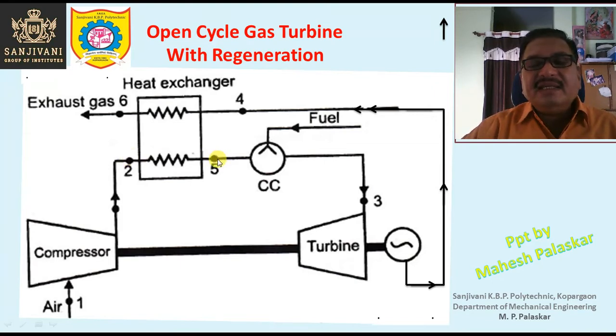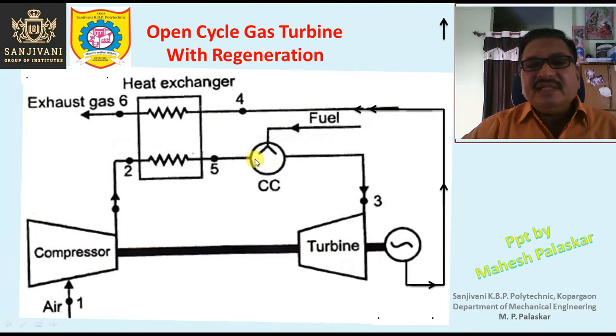After preheating, the compressed and preheated air will enter inside the combustion chamber, and inside the combustion chamber heat is added because the combustion takes place as we have already studied, and therefore the temperature increases and heat is added to the working substance inside the combustion chamber. In case of open cycle gas turbine, there is direct heat addition.